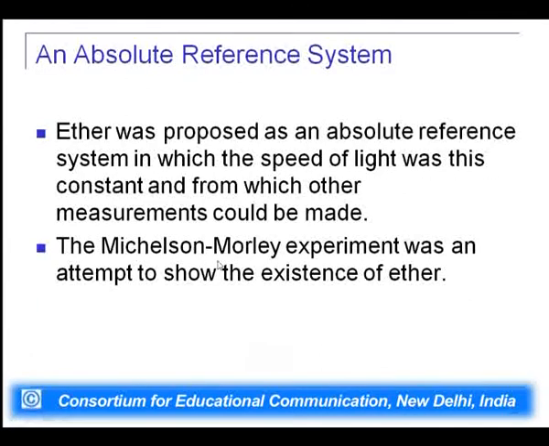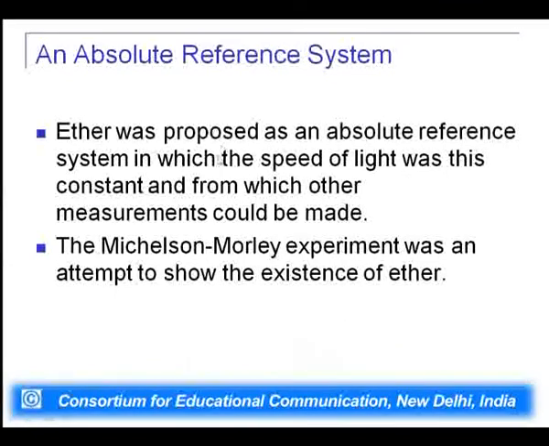An absolute reference frame: the ether was proposed as an absolute reference system in which the speed of light was constant and from which other measurements could be made. An absolute reference frame will not change, it will be static.